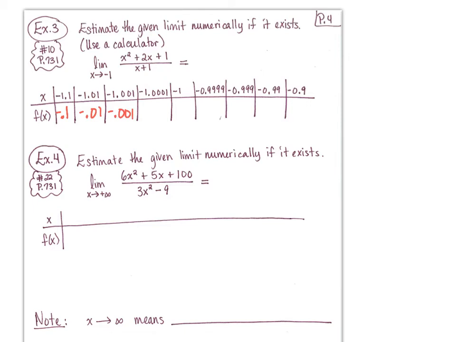What do you get when x is -1.0001? Good. Negative 0.0001. Okay, and then we skip negative 1 because we know we cannot substitute that in directly. When x is negative 0.9999, what do you get?